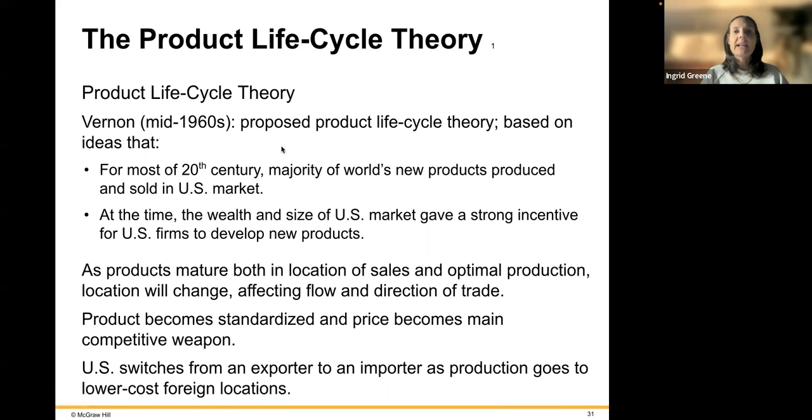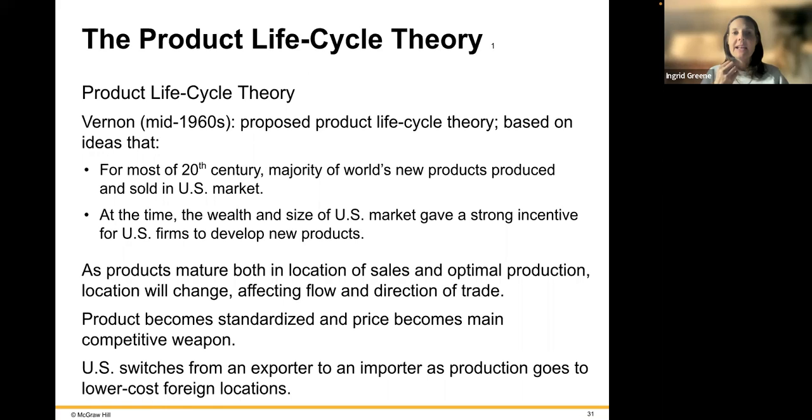So Vernon produced a product life cycle theory based on the idea that for most of the 20th century, the majority of new products were produced and sold in the US market. Interesting, right? Because that's not necessarily the case now. We have products developed throughout the world, as we'll talk about in this slide and following slides.